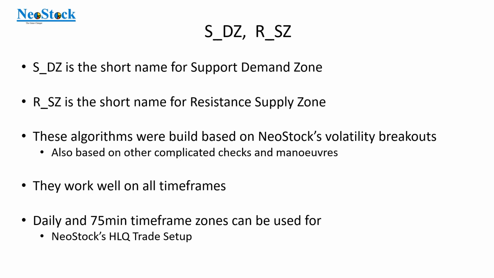That's why I am telling you in advance. I want to avoid the same repeated questions, as it is a waste of my time also. So all of you please remember, it is almost impossible to identify S_DZ and R_SZ manually. But if the NeoStock software identifies them, you can make use of it.